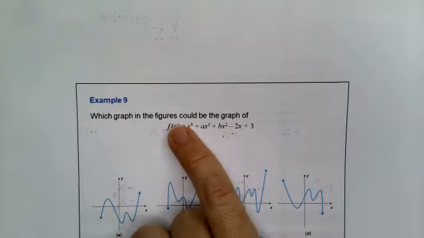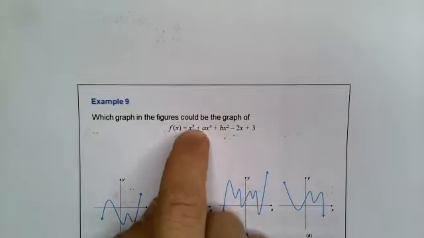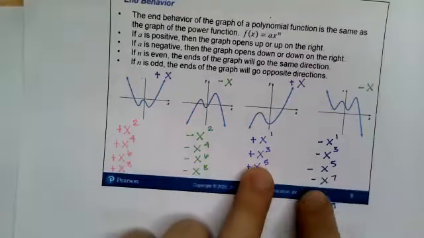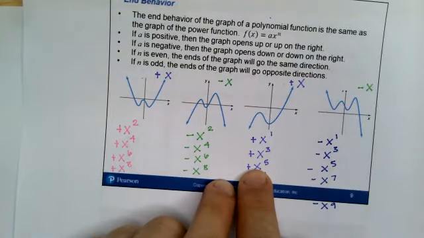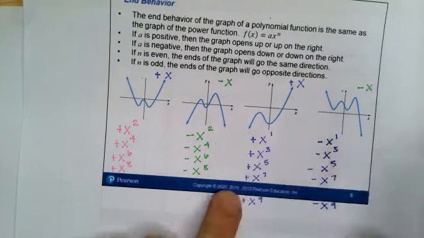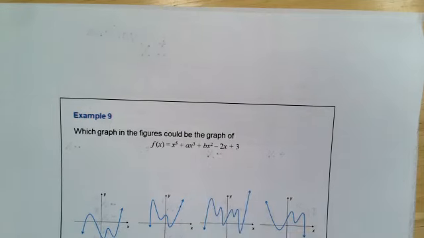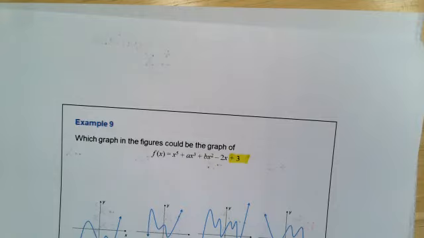So we know if it's a negative opening down or a positive opening up, we know that an odd exponent is going to look like that, right? We know that a positive variable is going to look like that, right? So it's going to look something like this because of our power function. We know that 3 gives us what? The constant gives us our y-intercept, right?